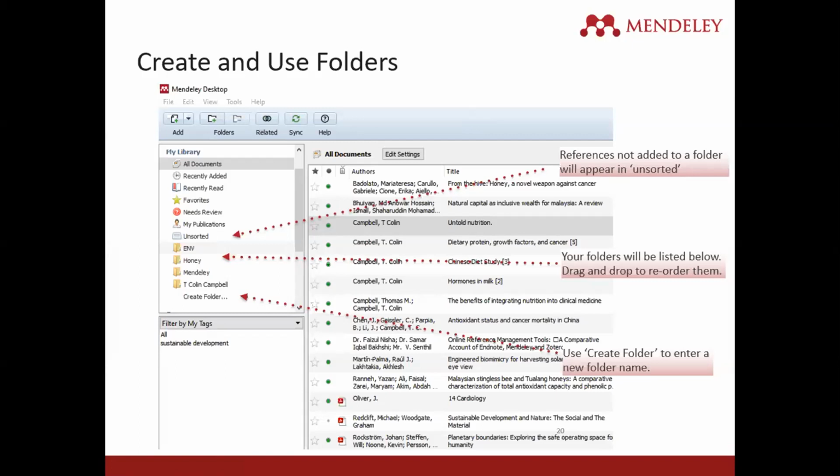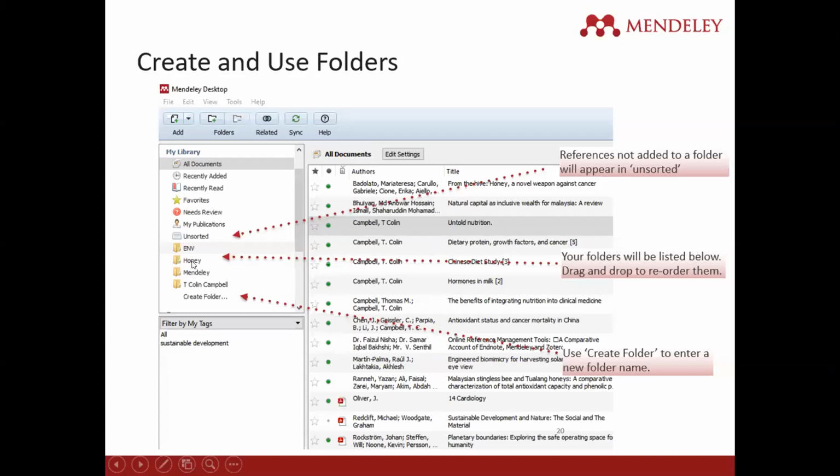If you want to organize, you just click Create Folder, then enter a name. A new folder with that name will be created and listed over here. Then if you want to add articles to a particular folder, you just drag the documents into the respective folder.